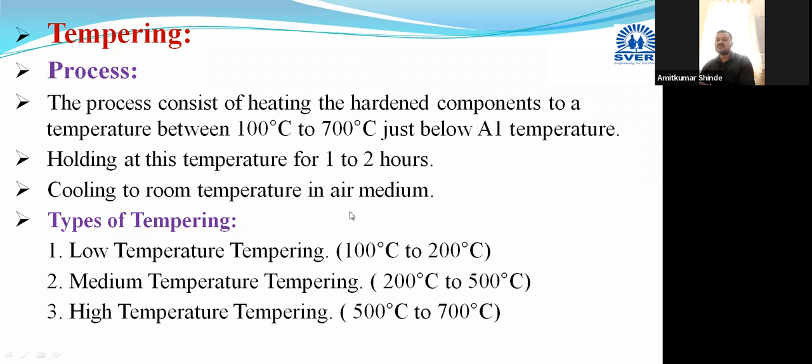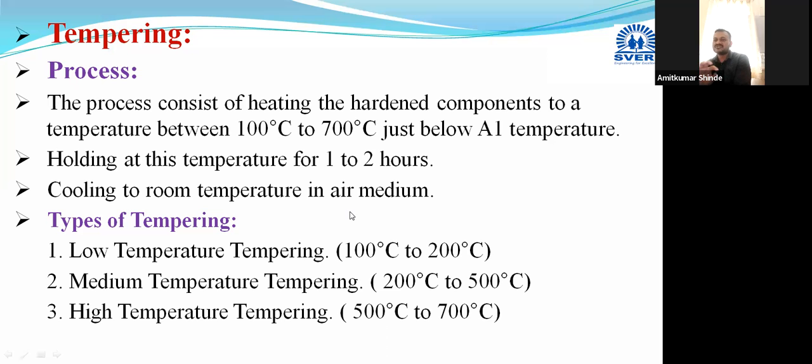And whatever amount of retained austenite is there will also get eliminated in this medium temperature tempering. Austenite present at room temperature will be transformed to the ferrite and cementite mixture.